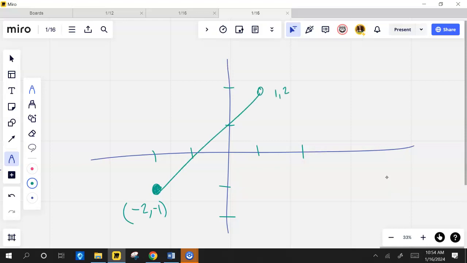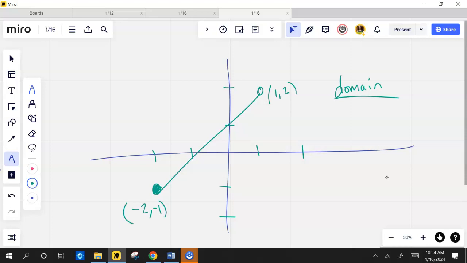And this point is 1, 2. So I got this little line, this little piece of a line, right? Domain is everything that X can be. So left to right, what is the domain of this line segment? What's the furthest left it goes?